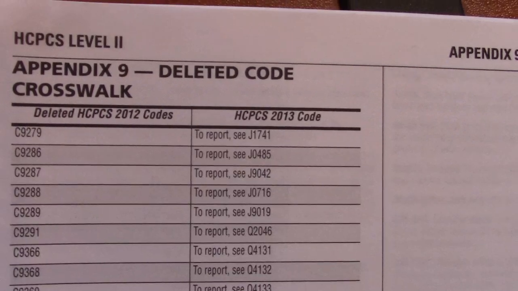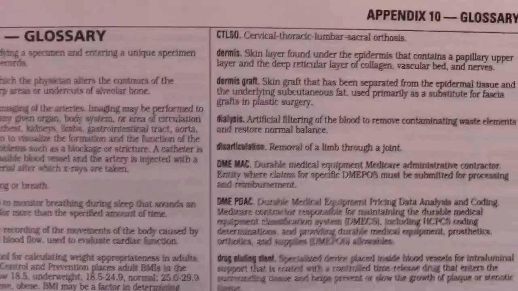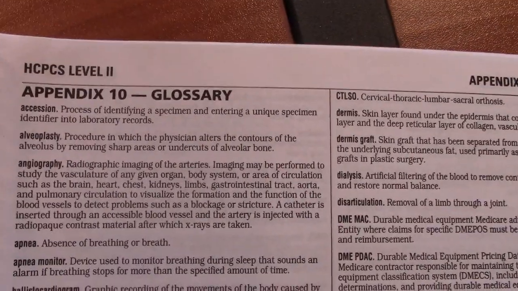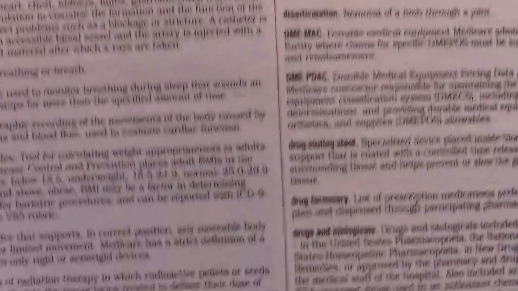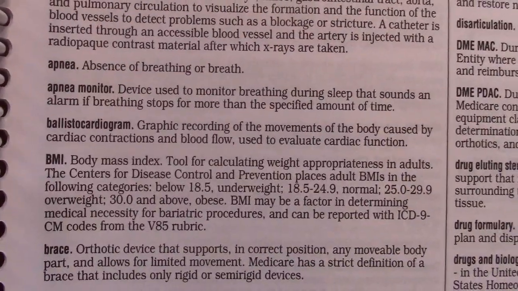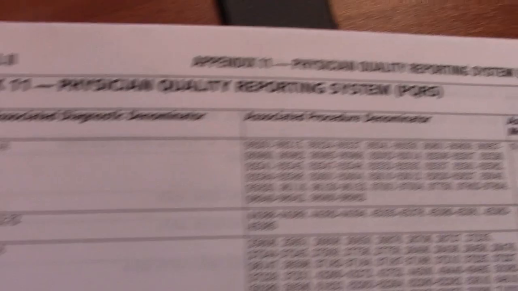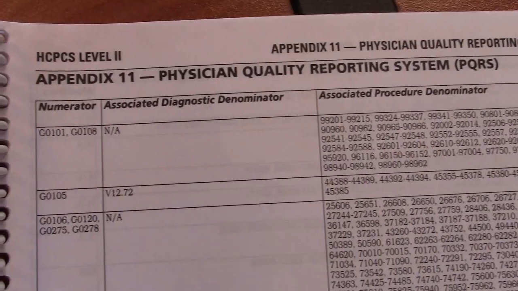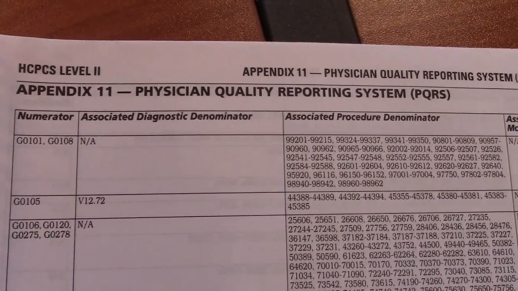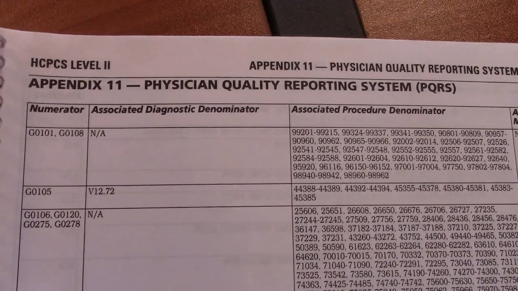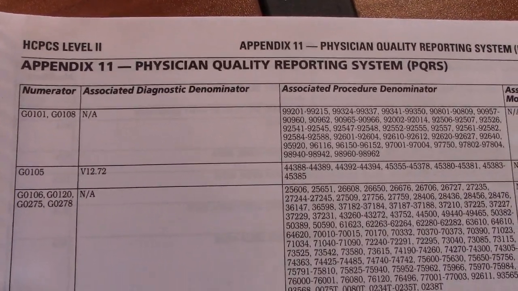Nine is of your deleted codes for that year. 10 is your glossary. It talks about different things. Apnea is the absence of breathing or breath. And then Appendix 11, Physicians Quality Reporting System. PQRS had just come out in 2000, I think about 2013. But again, it gave you the PQRSs.